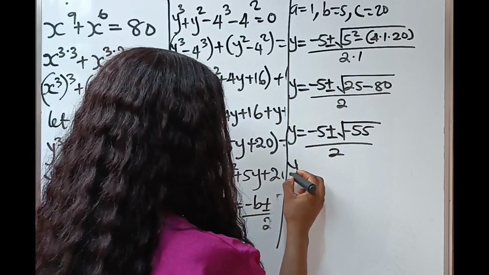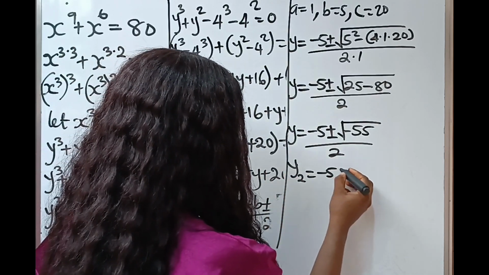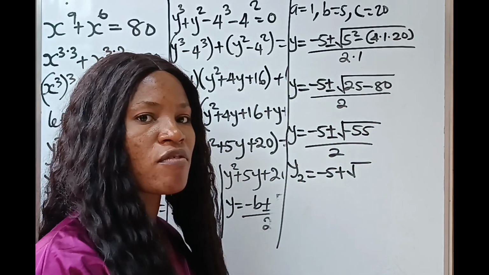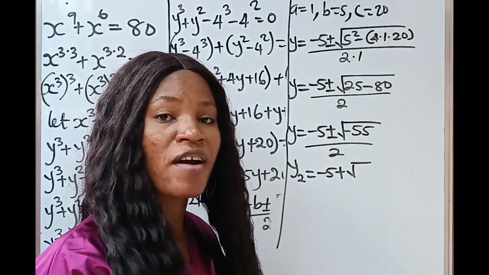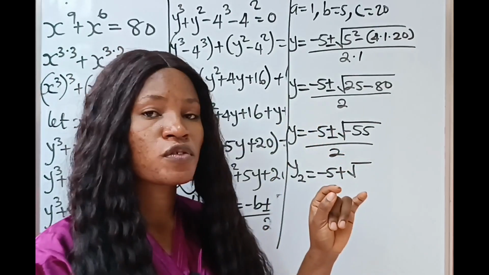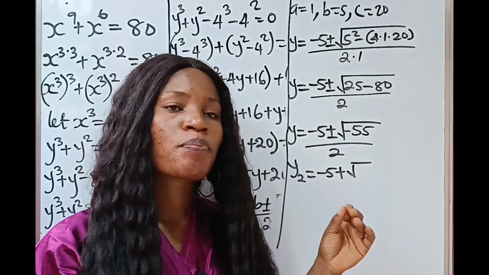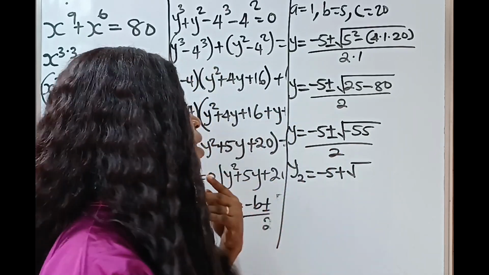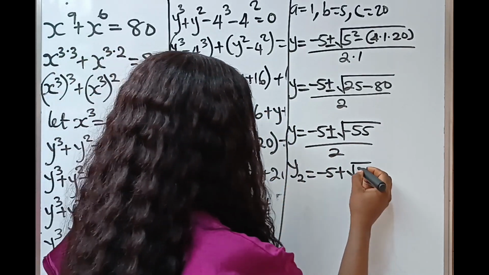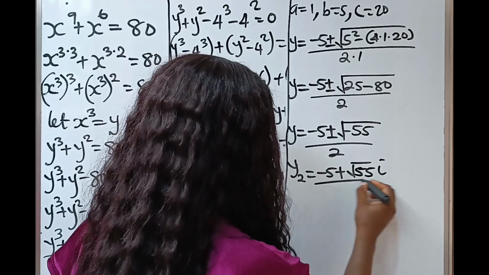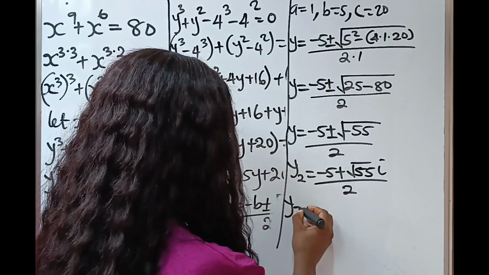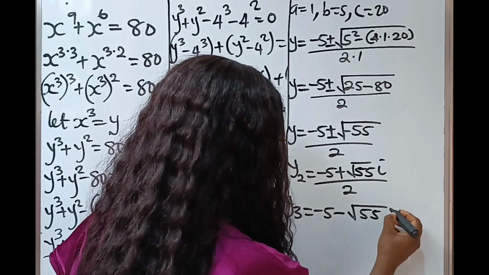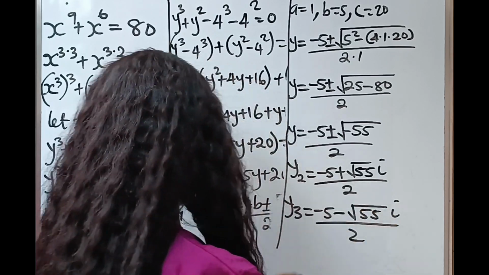Therefore, we have y2 to be minus 5 plus the square root of minus 55 is the same thing as square root of 55 multiplied by square root of minus 1, and square root of minus 1 is i. Therefore, we can write this as minus 5 plus square root of 55 i divided by 2, and y3 will be minus 5 minus square root of 55 i divided by 2.